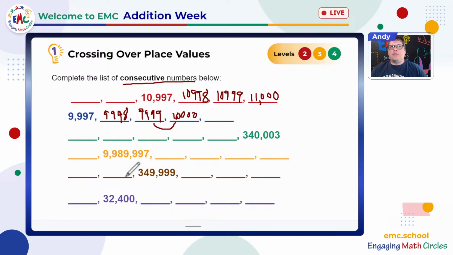Okay, you can pause, try these other ones. I'll just show you the rollover and what it rolled up or down to.